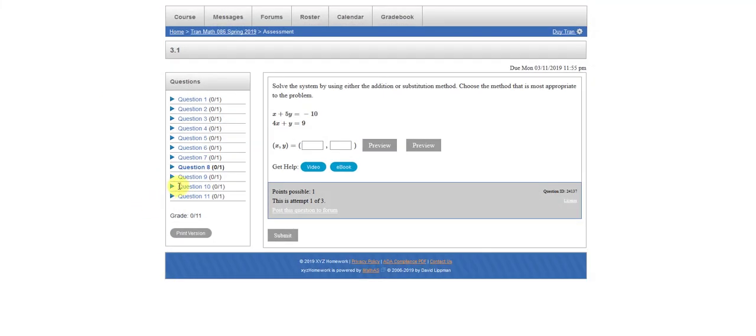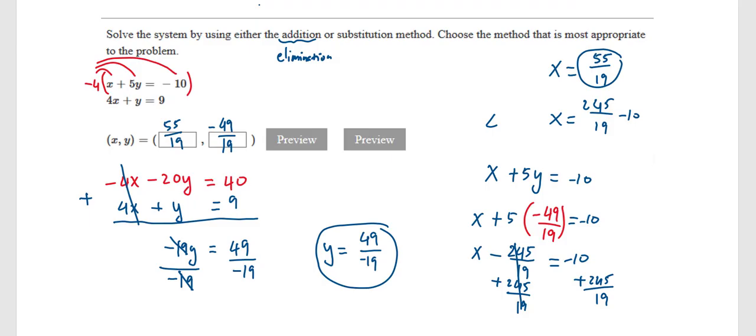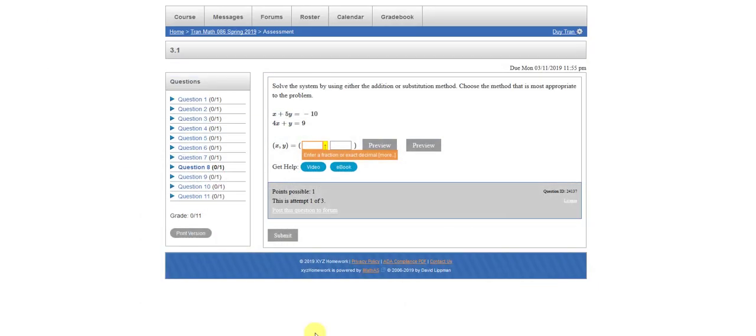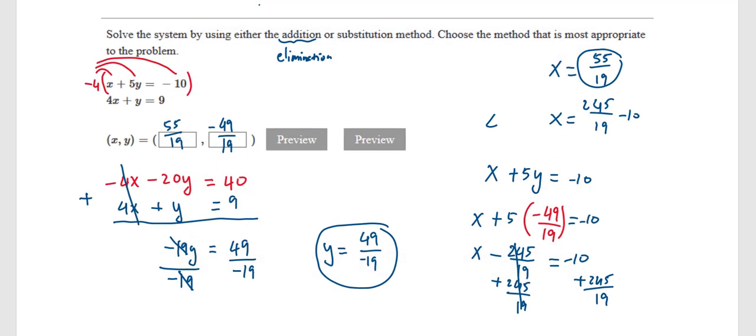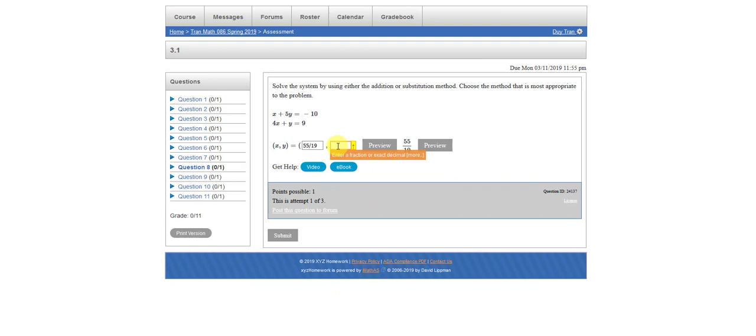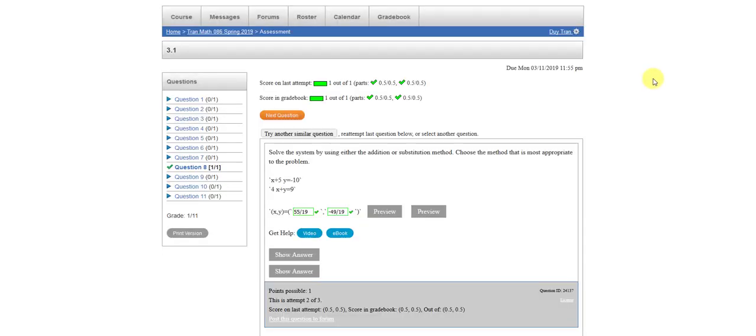Let's test the answer here to make sure we get it correctly. 55 over 19, and then the y should be minus 49 over 19. Minus 49 over 19. Okay, submit.